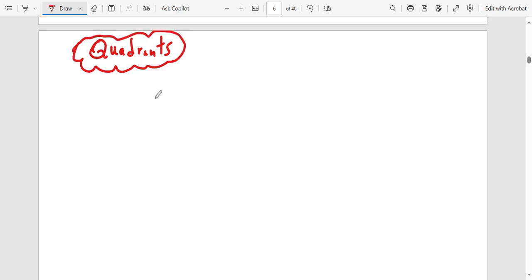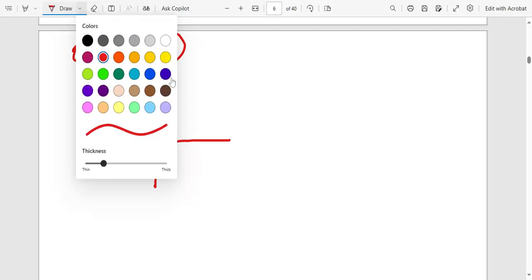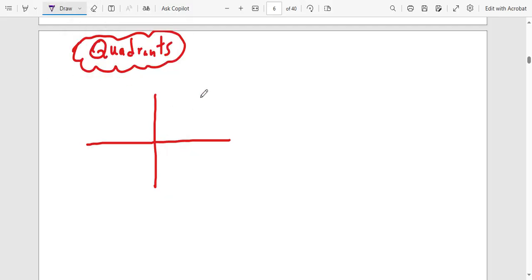So we have 4 quadrants like that, which you remember by "All Students Take Coffee".